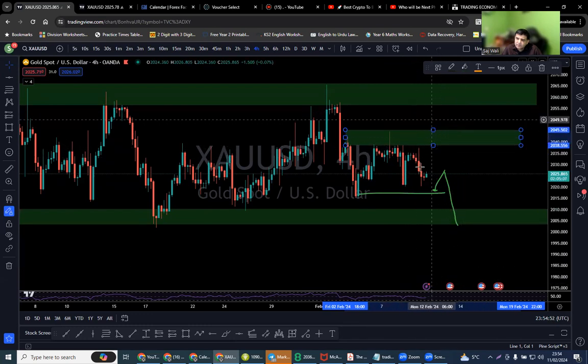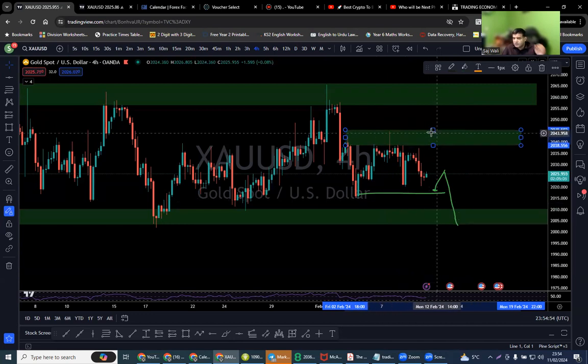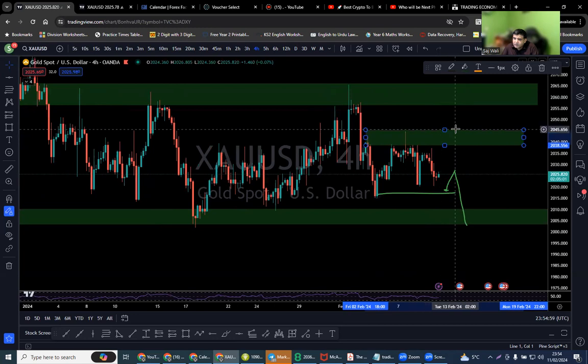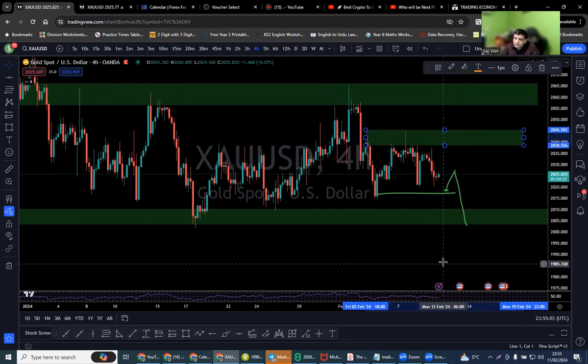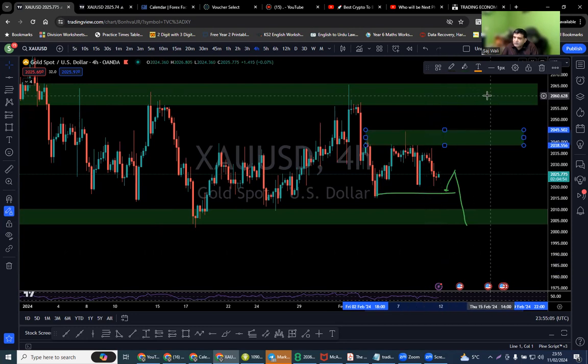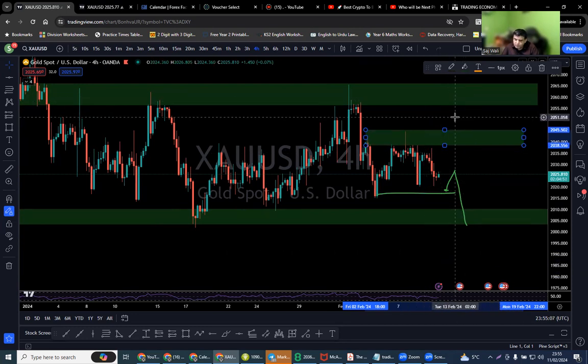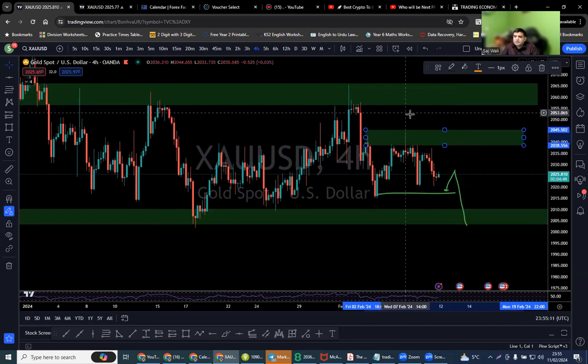Take the liquidity, basic liquidity or the orders. So every stop loss here will be classed as a buy order. Take the buy orders and then sell. For every buy order, there should be a sell order. For every sell order, there should be a buy order.